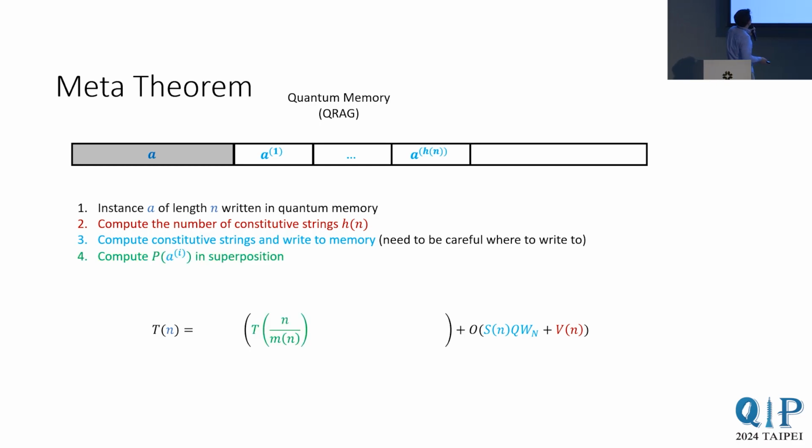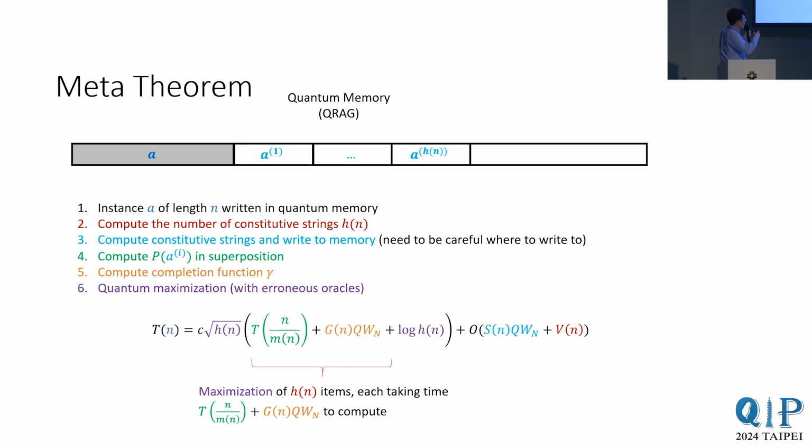The fourth step is to compute all the subproblems in superposition. Then it takes some time to compute the completion function gamma. And beyond all of them, we use a quantum maximization finding with an erroneous oracle. So here comes our time complexity result, and here is our algorithm. You may think it's very abstract, so let me give you two examples. Maybe I should pause for a while. Great.